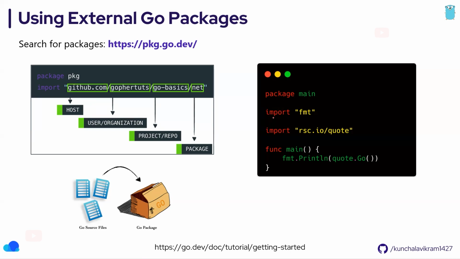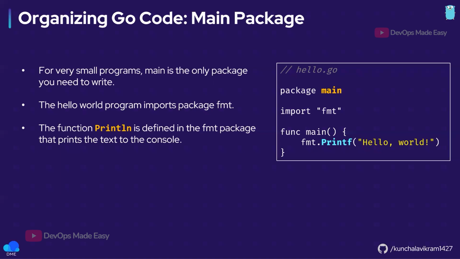So here I'm importing from a GitHub repository. Similarly, if I'm simply using import fmt, this will be pulled from a standard location. Go tools know how to pull the standard packages like fmt. So this is how you use external packages. For very small programs, you ideally will not require any packages. Let's say I have a folder.